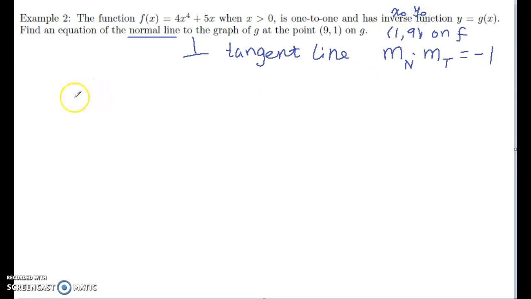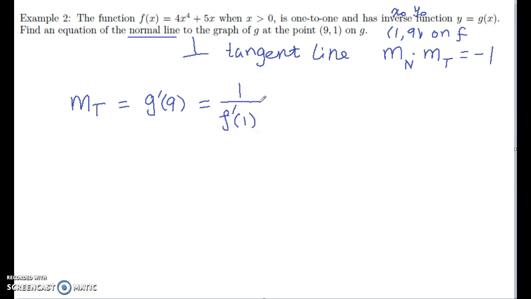So let's begin. The slope of the tangent line will equal g prime at 9, the derivative evaluated at 9, which according to the formula will be 1 over f prime at x sub 0, which is 1.